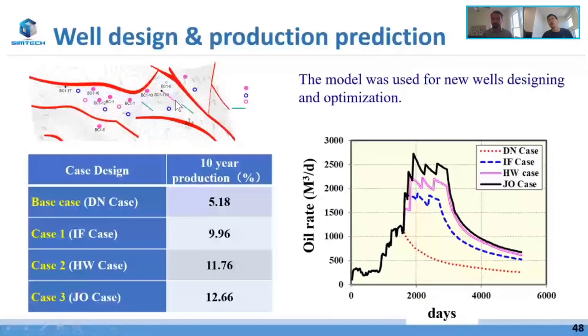These are new wells drilled I think last year, so we got the results. It's pretty good, and then we tried the horizontal wells as well. So later on, the clients accepted a mixed horizontal and vertical well proposal.